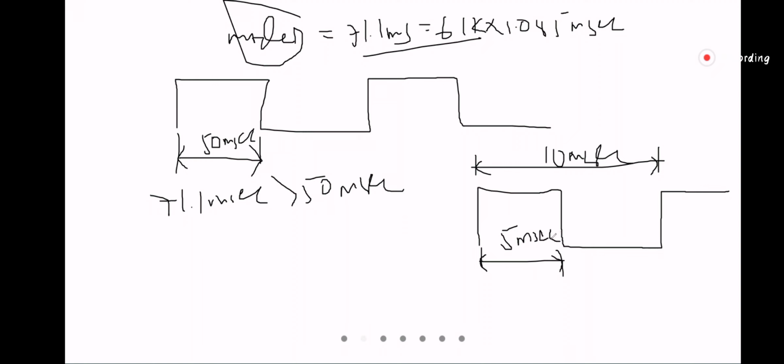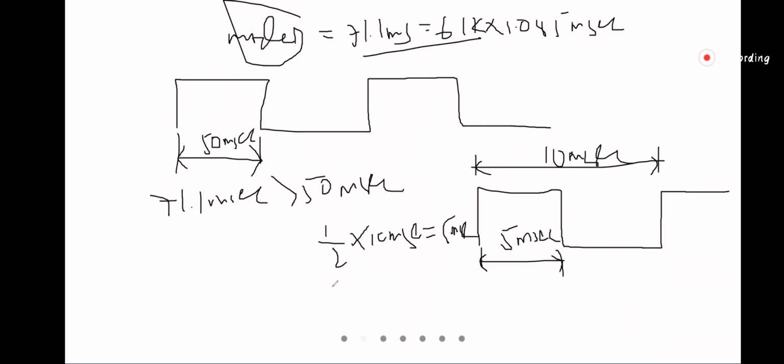If the question says 70% duty cycle, you should take more: 70 divided by 100 into 10. For 50% duty cycle, how will you get it? 1 divided by 2 into 10 millisecond. You will get 5 millisecond.